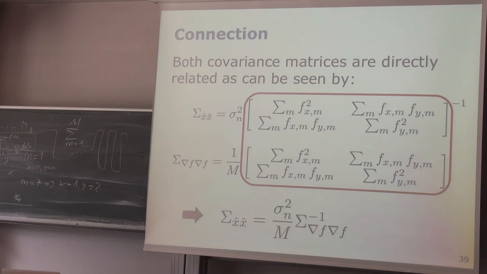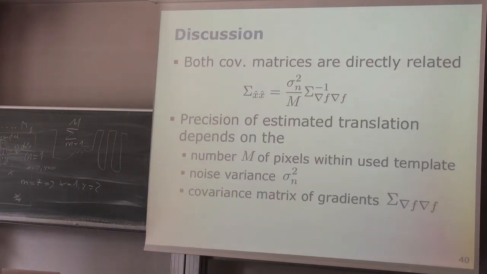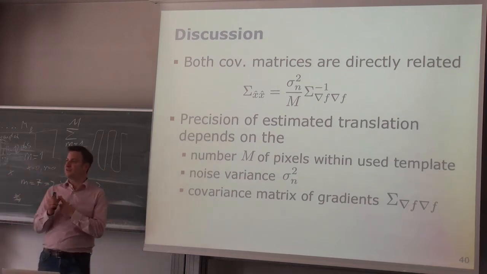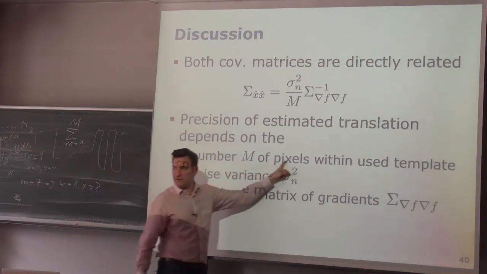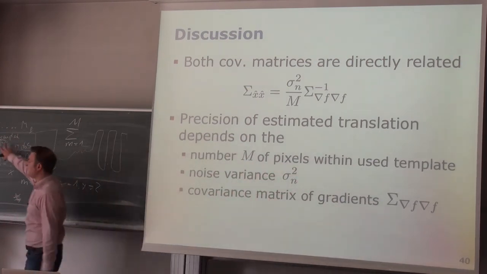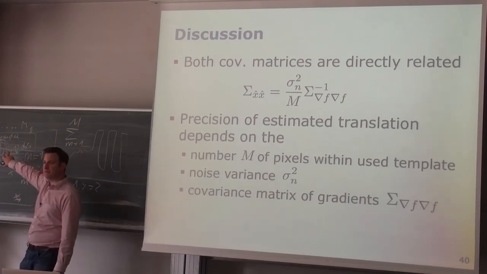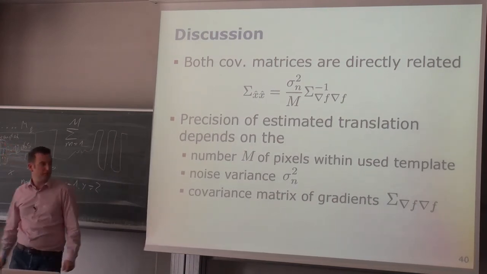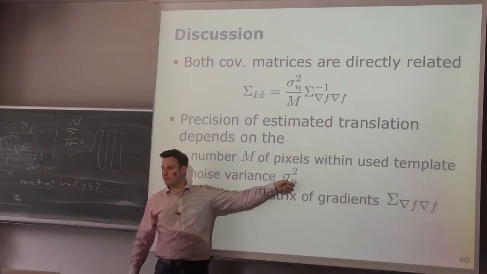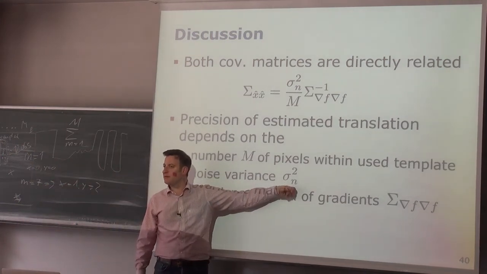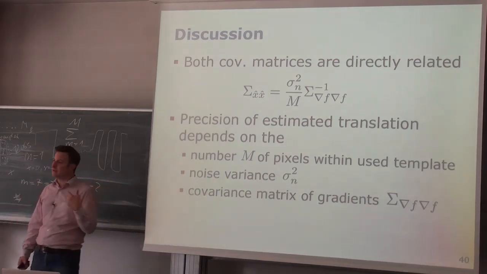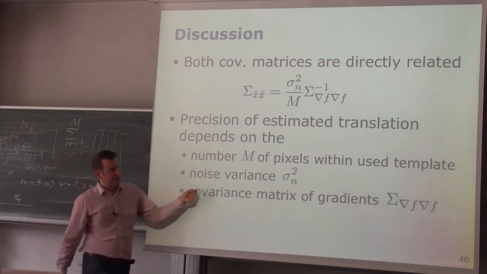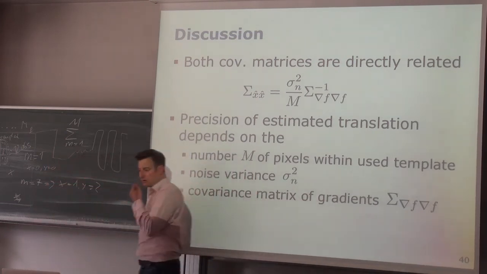So this is important information that we'll exploit very soon: the precision of the estimated translation depends on 3 properties. The number of pixels that I use in my template. So the larger this template gets, the better I should be able to estimate my translation. Also, the smaller the noise that I have in my function, the better I can estimate my shift, also something which should be intuitively clear. But the thing which may not have been clear from the beginning is what I try to explain: the gradients matter.